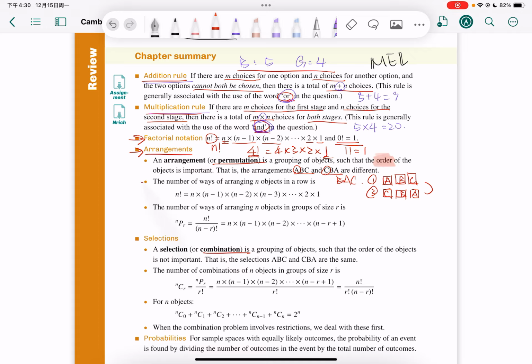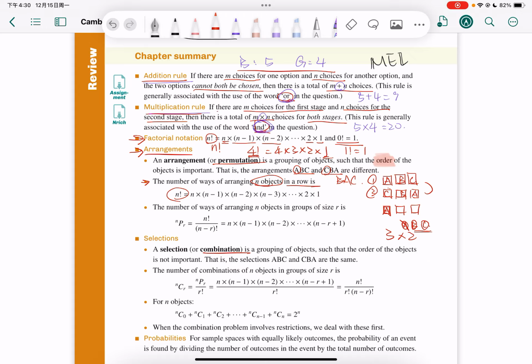The number of ways of arranging n objects in a row is n factorial. Let's see why, using the same example: 3 seats, 3 people. We choose 3 people into 3 seats. For the first seat, there can be 3 choices, whether we choose A or B or C. If one person is in there, for example A, then we are only left with 2 options.